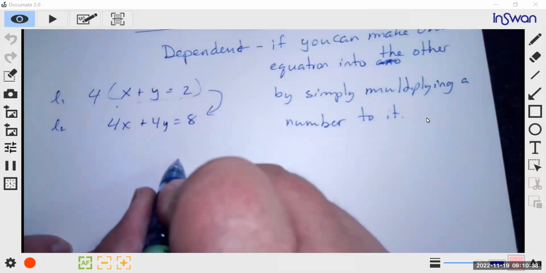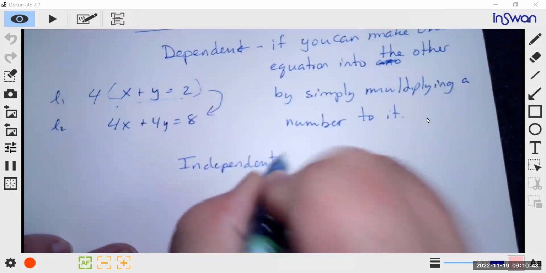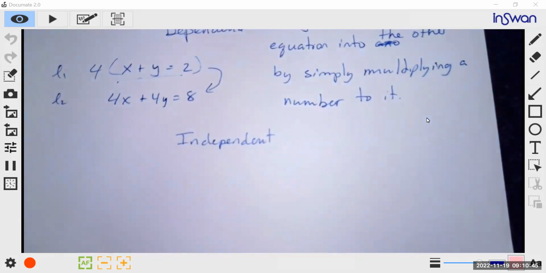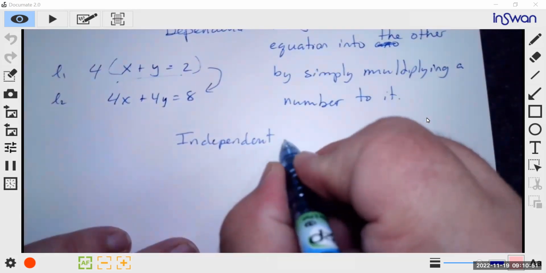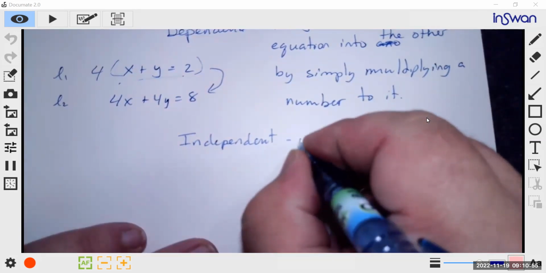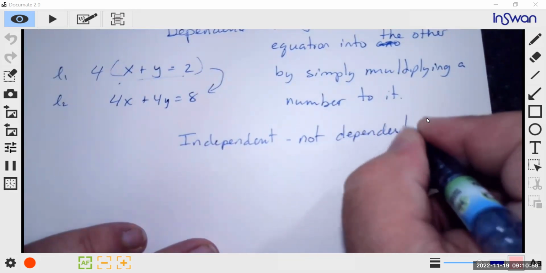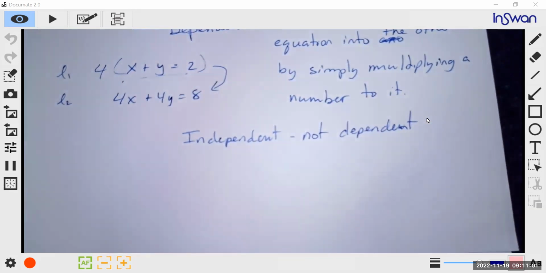If that can't happen, then we say it's independent, if they have no multiples in common. Basically, you say it's not dependent.